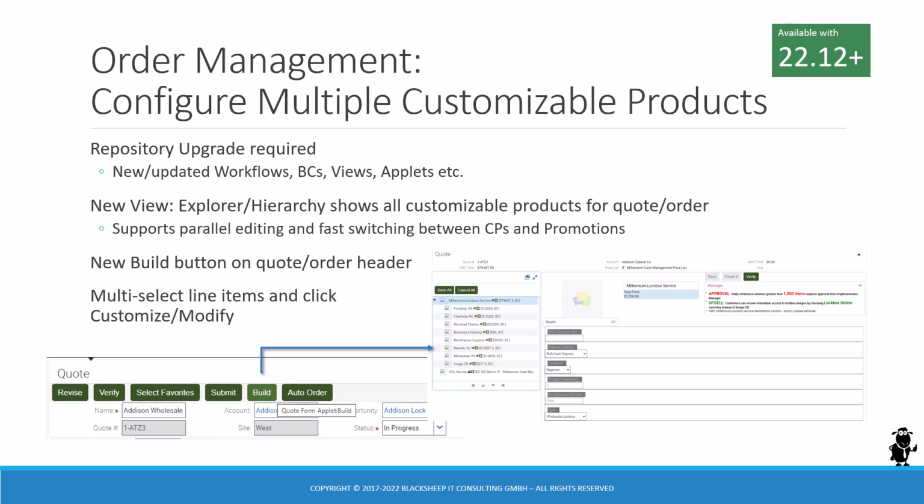And you can also multi-select line items that are customizable. And when you click the customize or modify button, that view will also open. So it's quite a big one. Repository upgrade is required, makes a lot of changes to standard objects. So make sure you analyze and understand the changes that occur, especially if you have customized a lot of these standard objects.